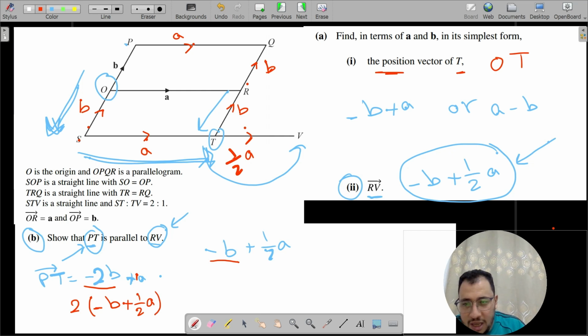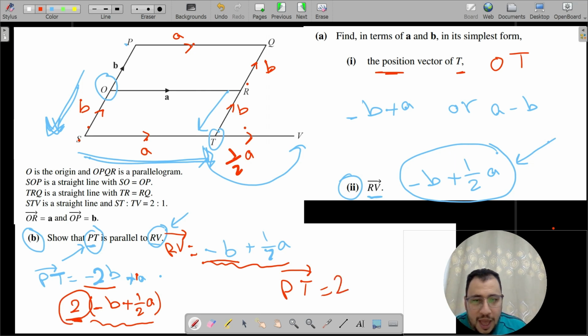As you can see, this vector here is the same as this vector. Remember, this vector here is RV. Do you know what that means? I can write that PT equals 2, this 2, and instead of writing this, I'm going to write RV because they are actually the same.